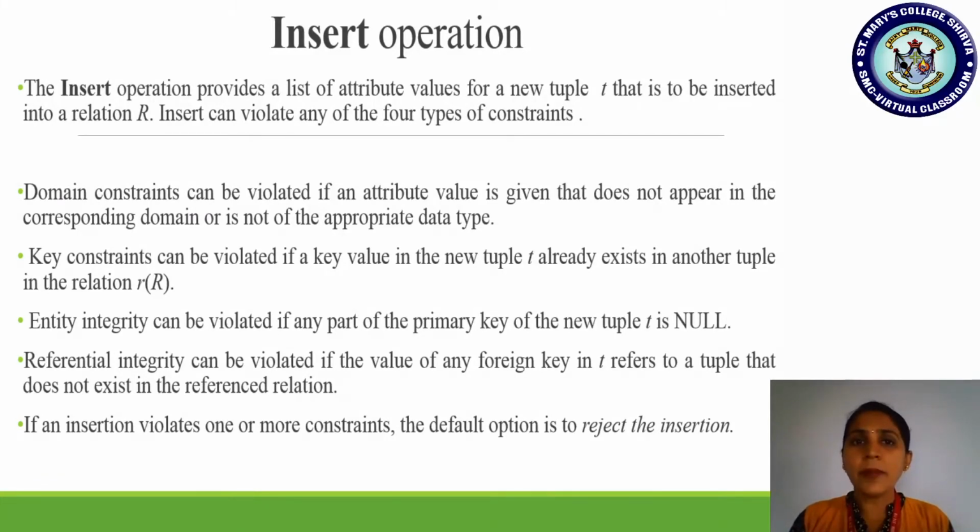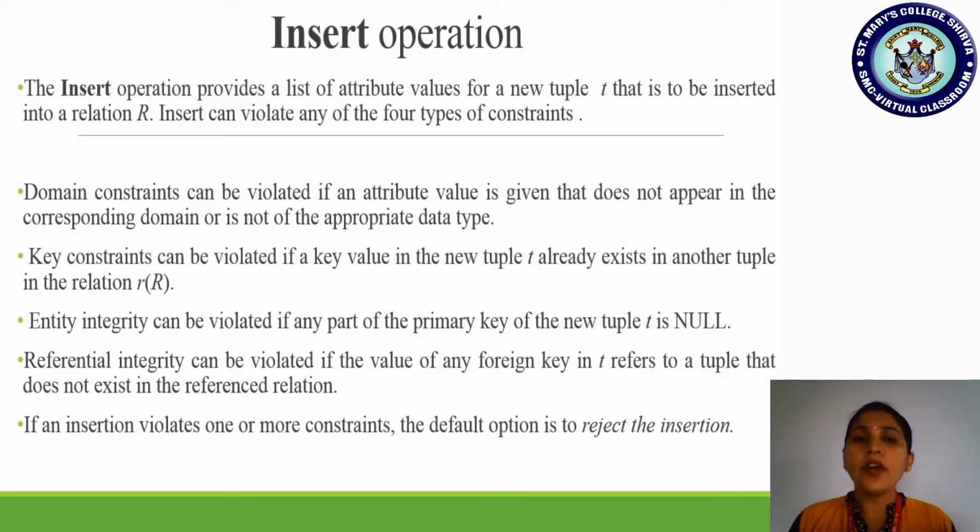In case John Smith is working in department number 10, the foreign key attribute is holding the value 10, and in the department relation, if we don't have department number 10, what happens? The foreign or referential integrity constraint is violated.